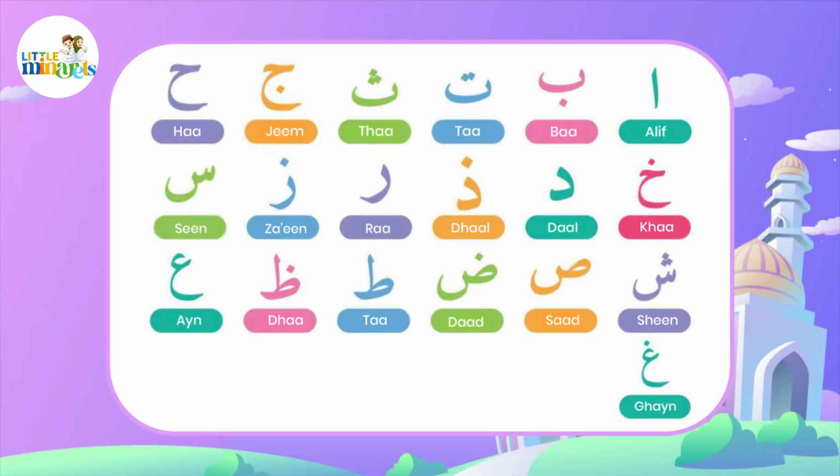Alif, Ba, Ta, Tha, Jim, Ha, Kha, Dal, Thal, Ro, Zain, Sin, Shin, Sod, Dod, To, Zo, Ain, Ghayn.